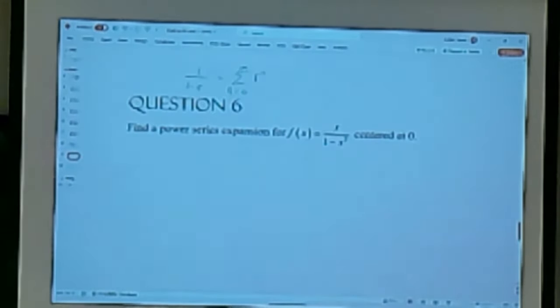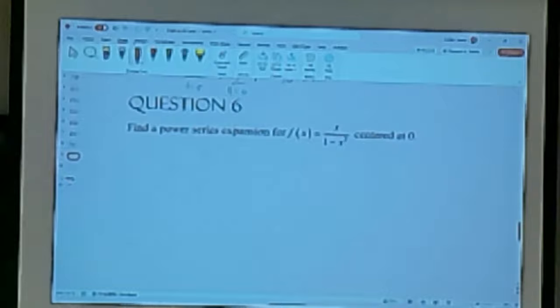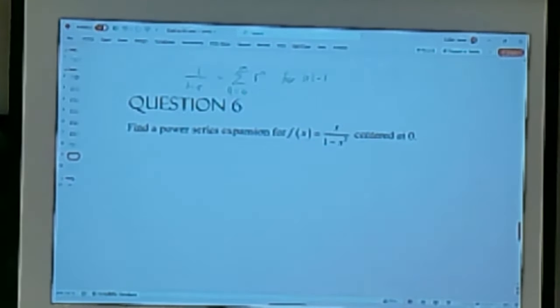What kind of series is that? Geometric. When does it converge? When the absolute value of r is less than 1. So start with 1 over 1 minus x.